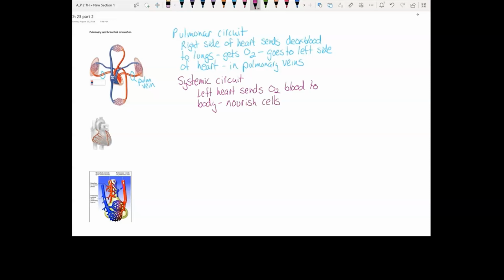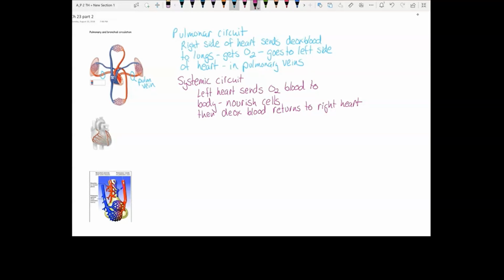Then that deoxygenated blood, after it gives the oxygen to your cells, comes back to the right side of the heart. So remember that whole figure 8 thing.